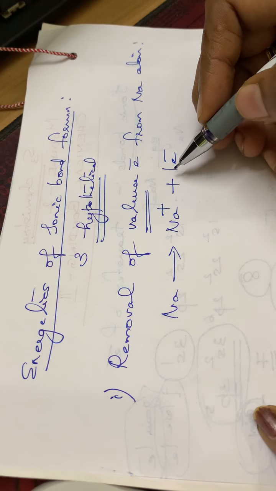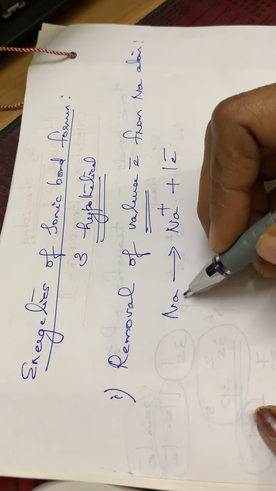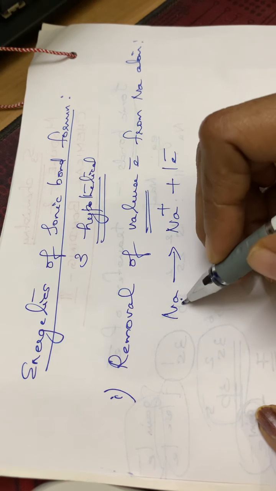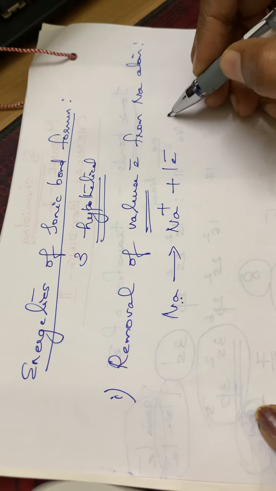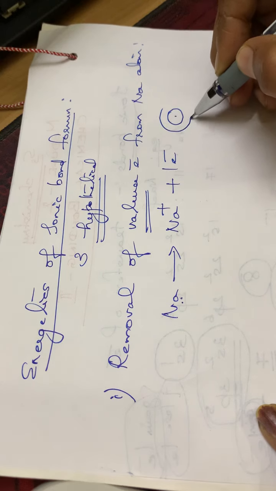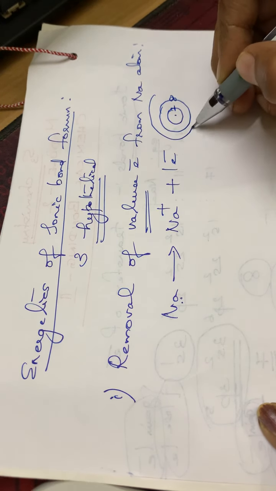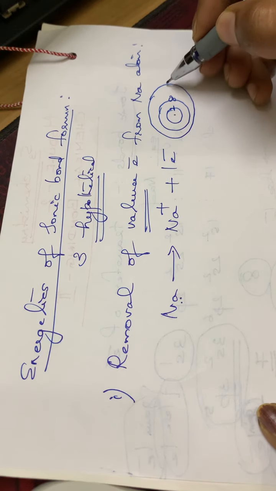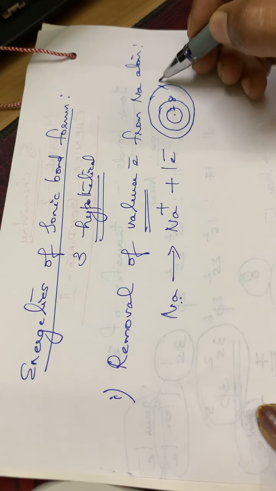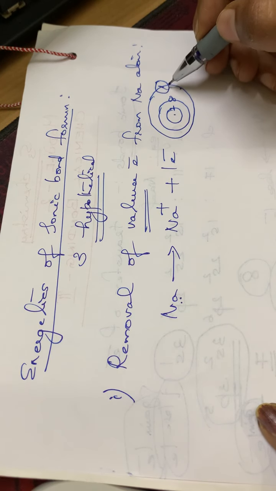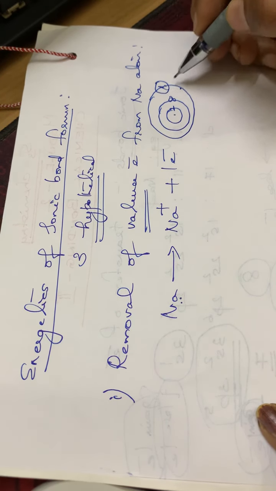For this removal of the electron, some amount of energy is required to remove 1 electron from this sodium atom, isn't it? Sodium: this is the first shell, this is the second shell. The first shell has 2 electrons, the second shell has 8 electrons, and the third shell has 1 electron, isn't it? So for removal of 1 electron from this valence shell, it requires some energy.